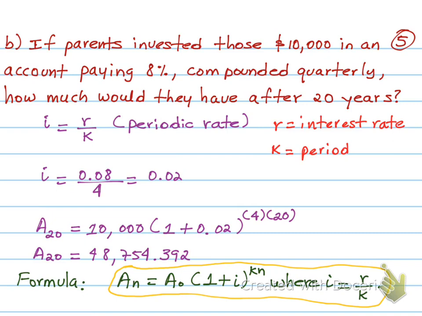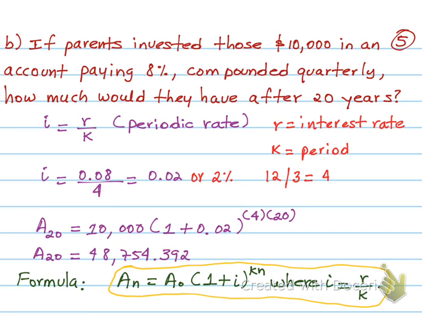So we express this amount in the following way: 0.08 over 4, because the year has 4 quarters. So the value that we get is 0.02 or 2%.